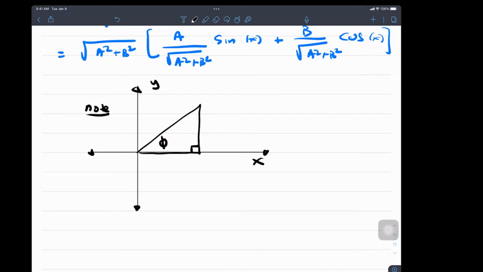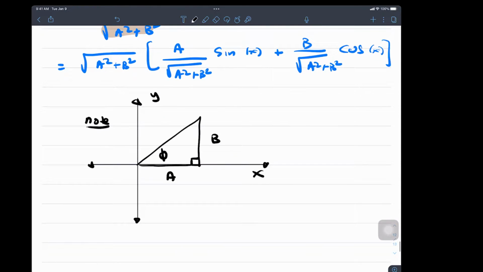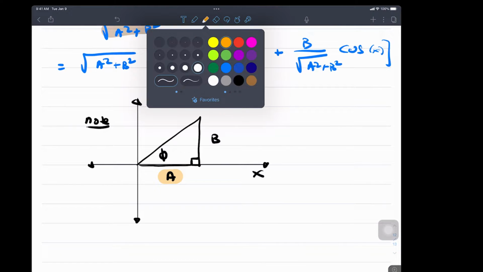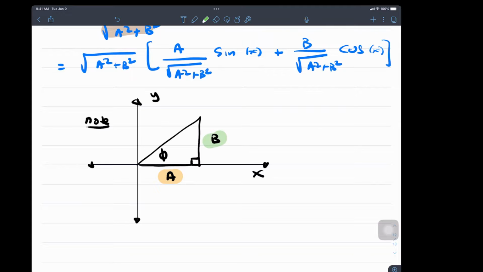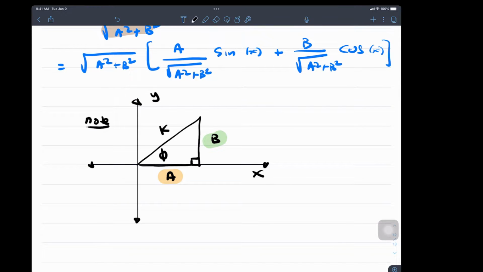This is a right triangle. I'm going to let this be my A value and this be my B value here. So here's my constant A, here's my constant B, and here's the angle phi. Now, you guys know by the Pythagorean theorem, isn't this going to be K? This is K, right?